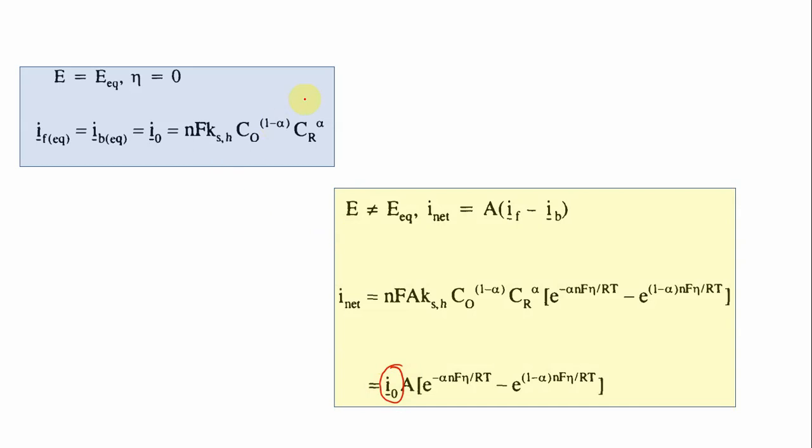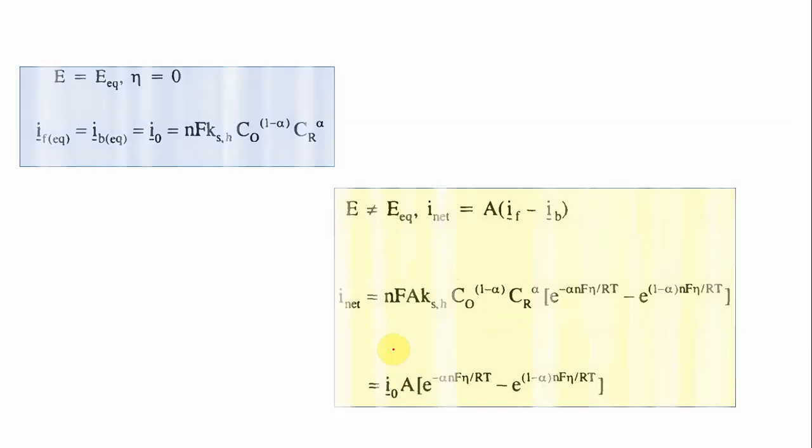This exchange current density is basically incorporated from this condition, which is when E is equal to E equilibrium and there is no overpotential. If you exclude the area from this term, then you actually get the exchange current density.